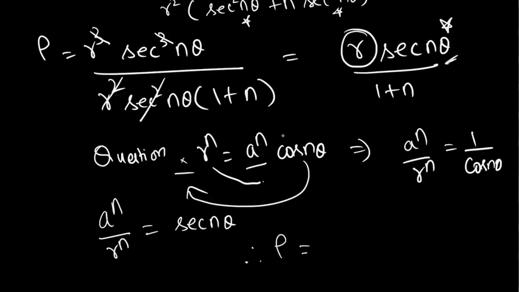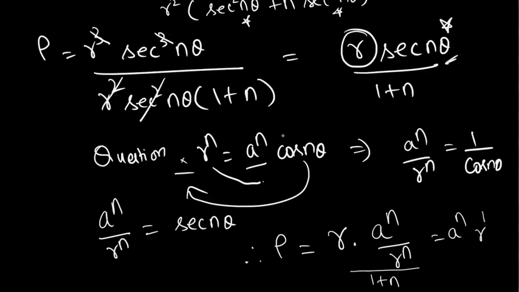Therefore, your radius of curvature will become r into, in the place of secant n theta, I am substituting a power n by r power n divided by 1 plus n. That is equal to a power n into r power 1. And the second term, if I take it to the numerator, it will become, wait, let me rewrite this again down.